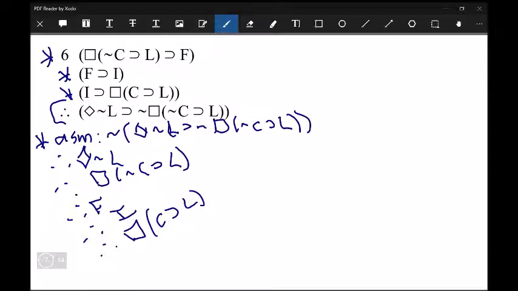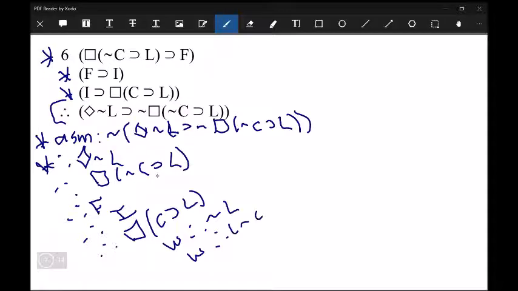And then what do? Well, a couple more steps, you get a contradiction. It's not all that hard. So you get possible not L, so you imagine not L true in a possible world, and you dump the necessary things in the same possible world.